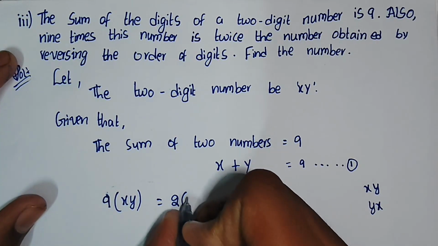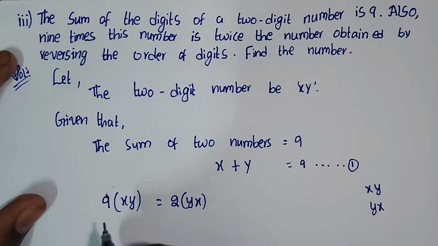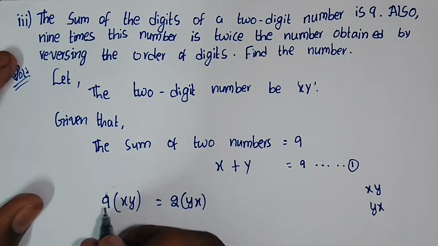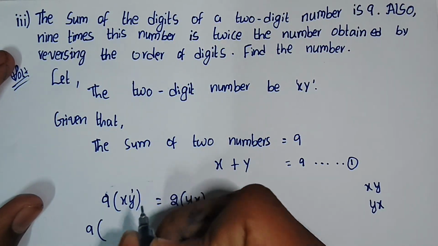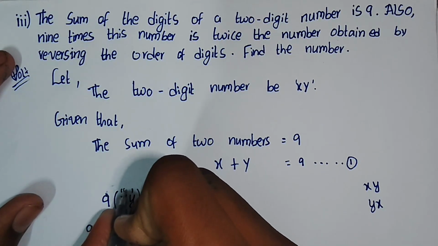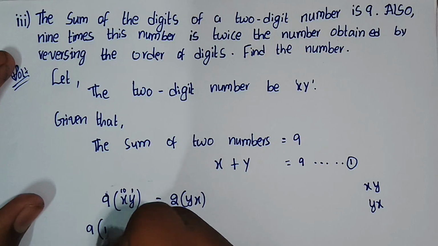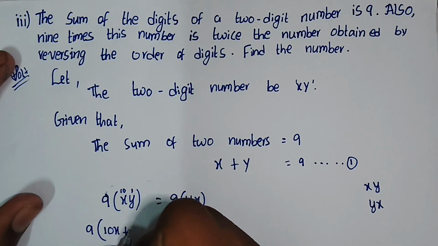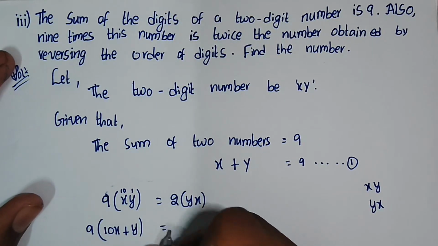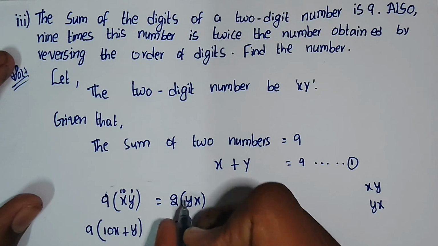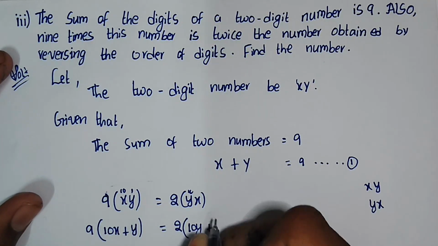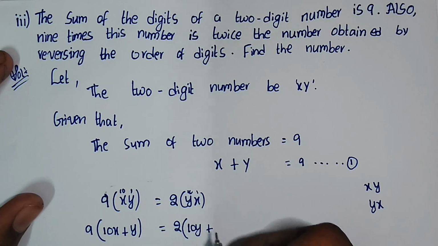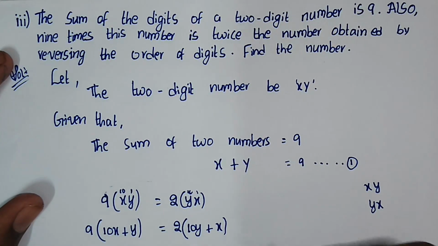So 2 into yx. Here y is in the 1's place and x is in the 10's place, so 10x plus y into 1, y. Like that only, y is in the 10's place, so 10y plus x in the 1's place, so 1 into x, x.